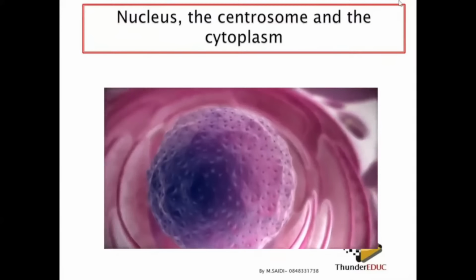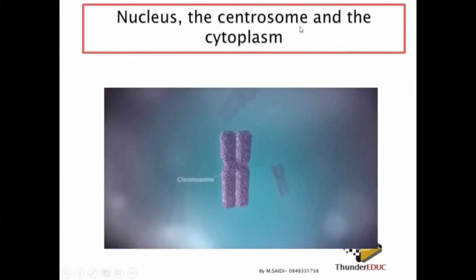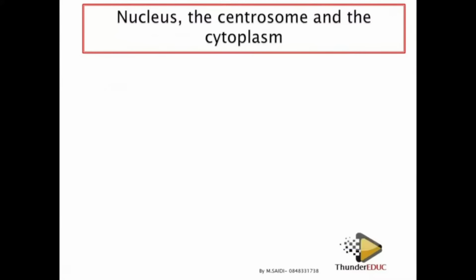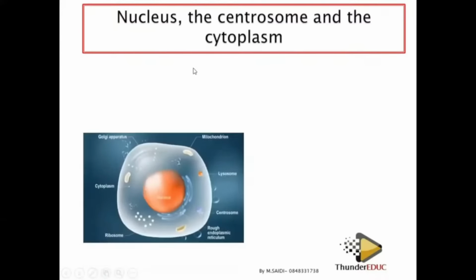So let's look at the nucleus, the centrosome, and then the cytoplasm. The nucleus contains the genetic material. Cyto means a cell, and plasm means a fluid, the fluid of the cell. Let's look at them in detail.